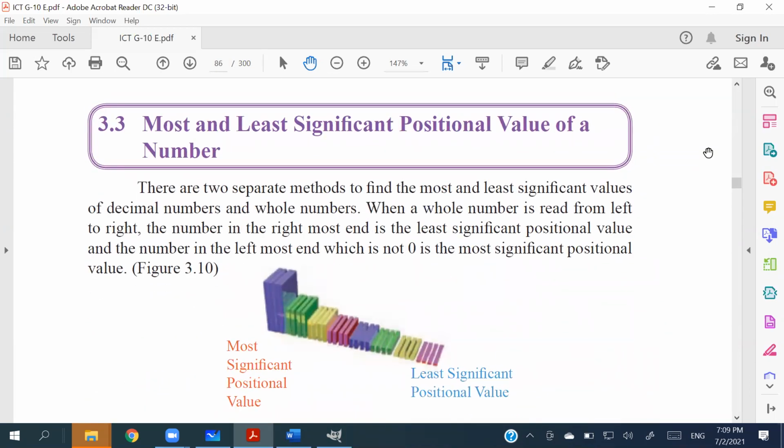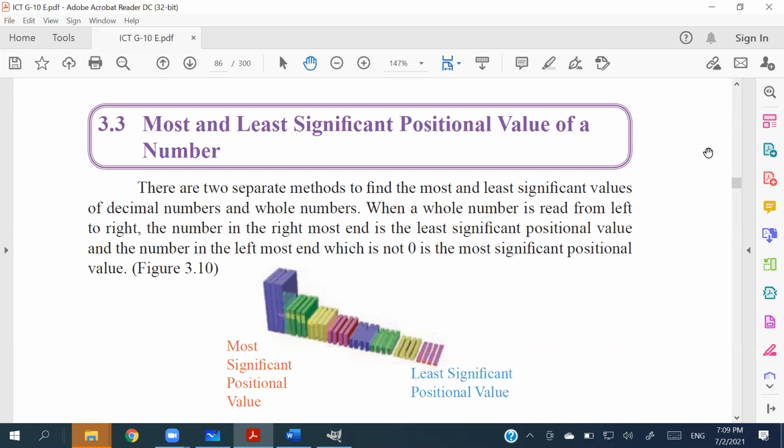So the most and least significant digits, or values, we can say. This is something that you need to understand, because we refer to these positions when we do some calculations, right?